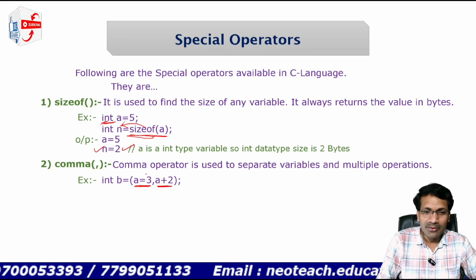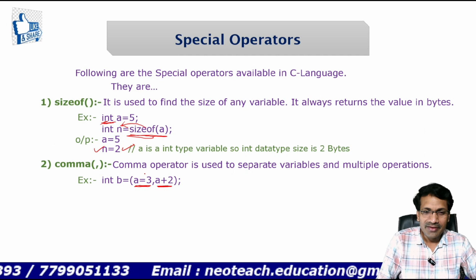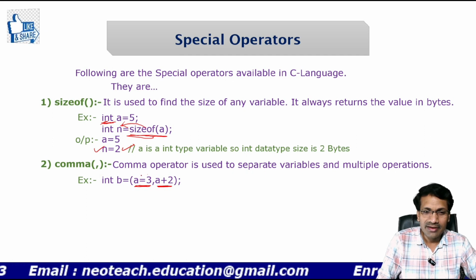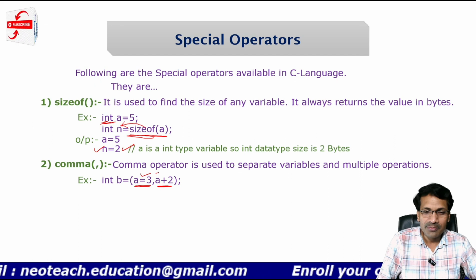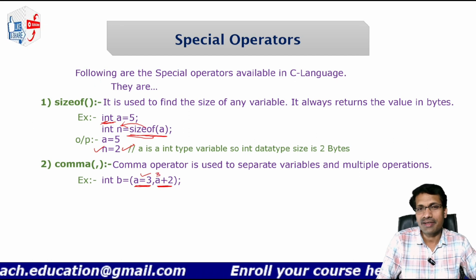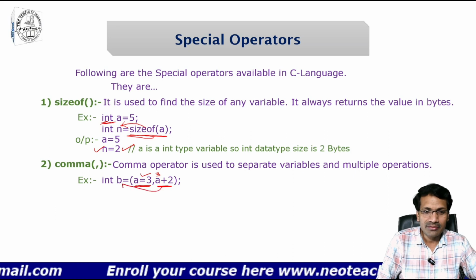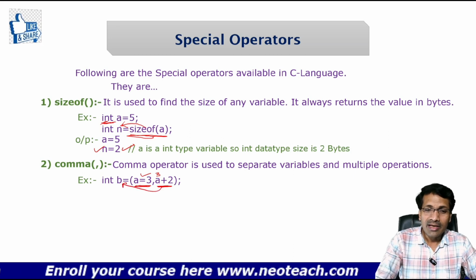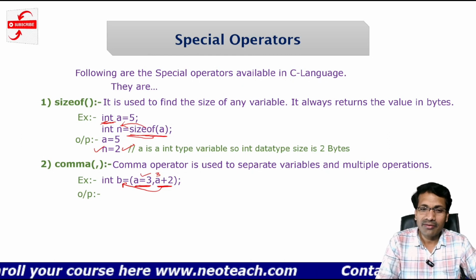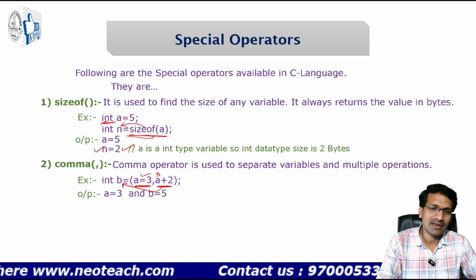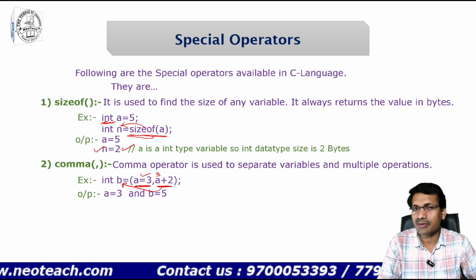Before the comma it operates, means first a value is assigned 3, and that 3 value participates after the comma operation. So 3 plus 2, the 5 will be assigned to b. Like this, if you take output of a value we will get 3 and b value we will get 5, because that complete value is assigned to b.